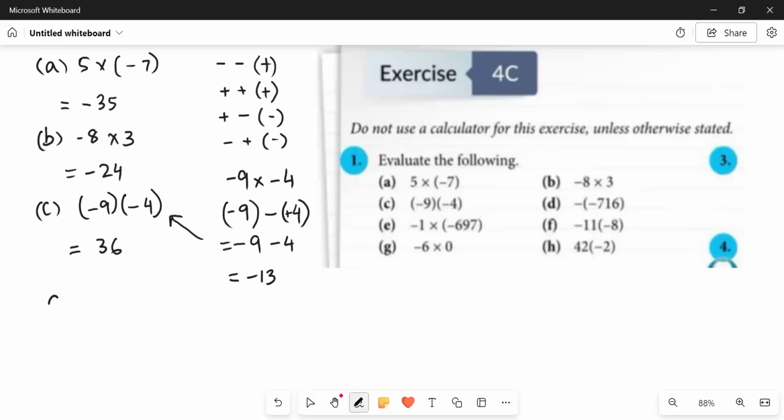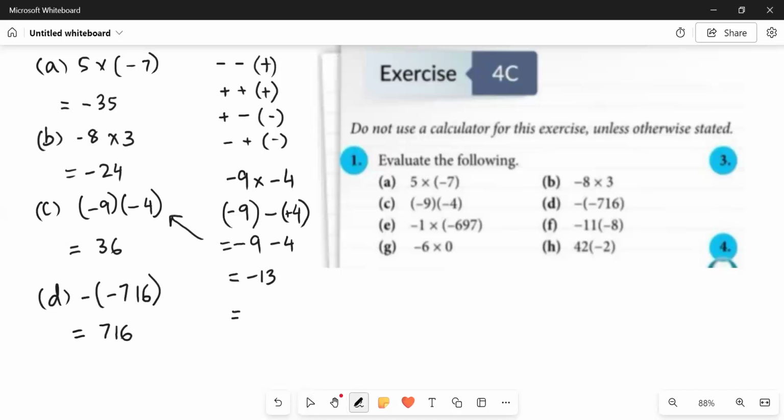Then we have part D. Part D is minus (minus 716). That's what I was telling you. When you have two different signs inside and outside of the bracket, the signs get multiplied too. So minus minus gives us a positive sign and it would turn into positive 716.